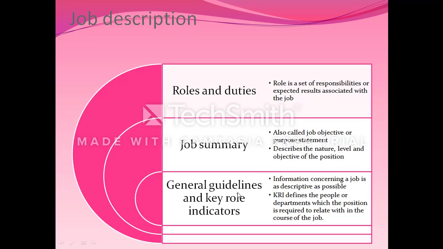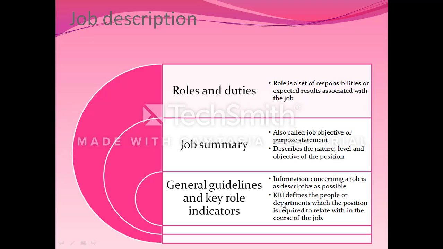Now, key role indicators or general guidelines. It is information concerning a job that is as descriptive as possible. The name itself is description, so we are trying to make it as descriptive as possible. KRI, key role indicators, define the people or departments which the position is required to relate with in the course of the job.